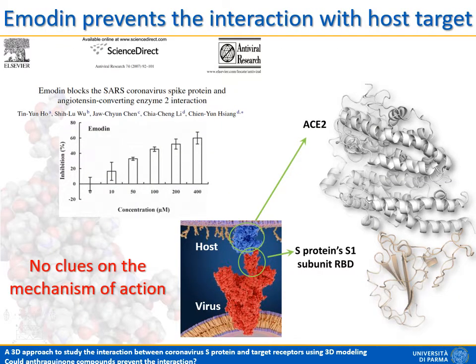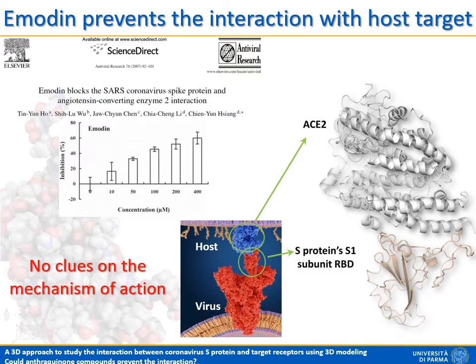The story started from the evidence reported by Ho and co-workers that Emodin, but not only Emodin actually, was able to prevent, in a concentration-dependent manner, the interaction between the spike protein of the coronavirus and the human ACE2 receptor. Such an inhibition was also related to a reduced capability to infect host cells.